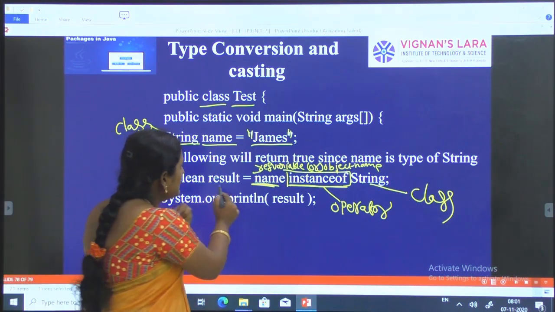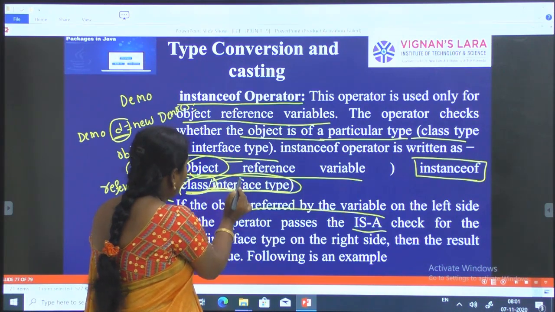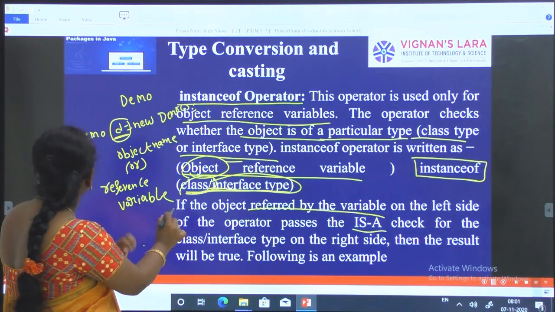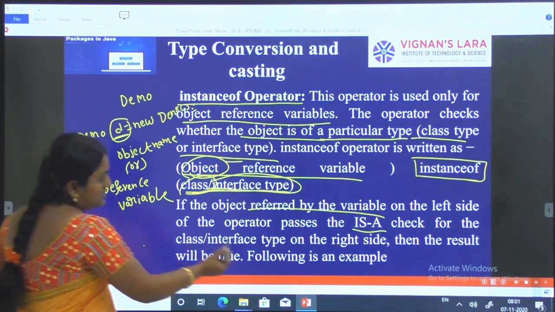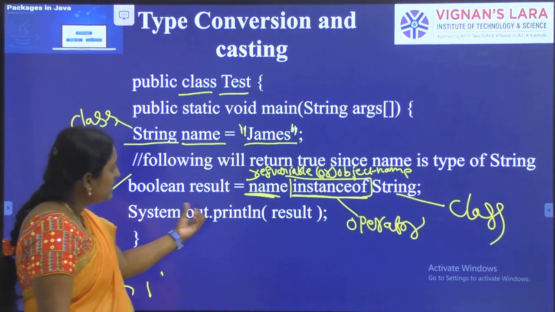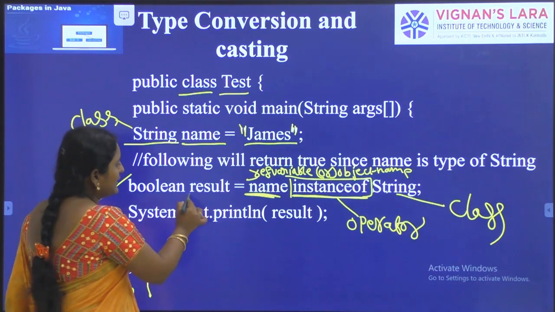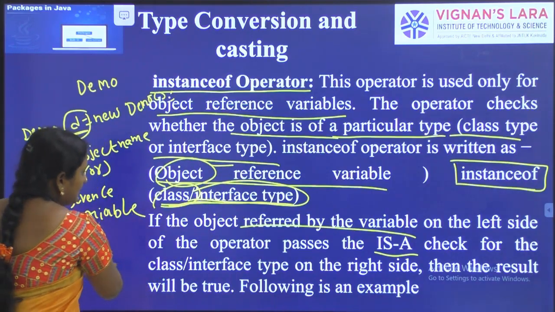Here our result is stored in the result variable. It is Boolean type.